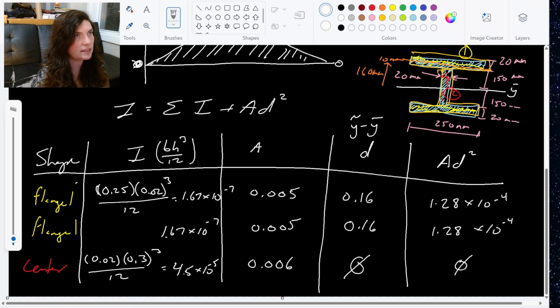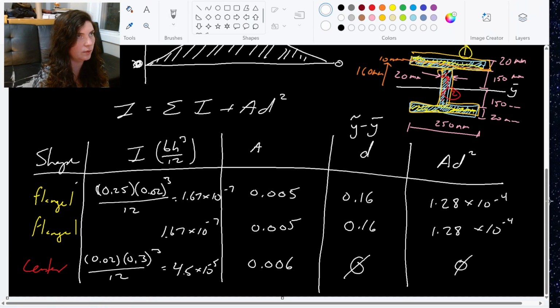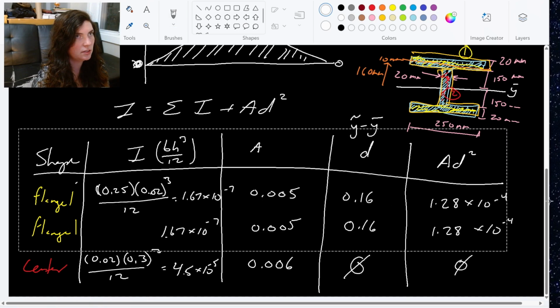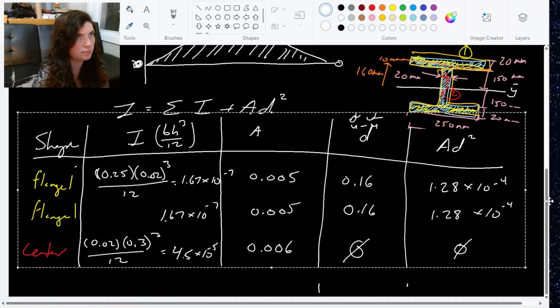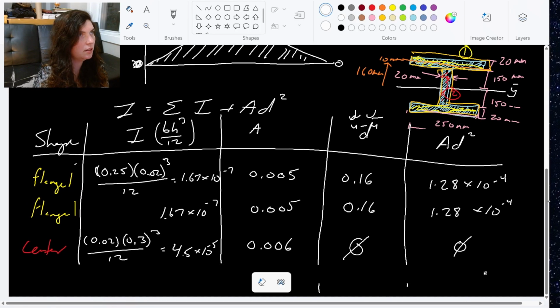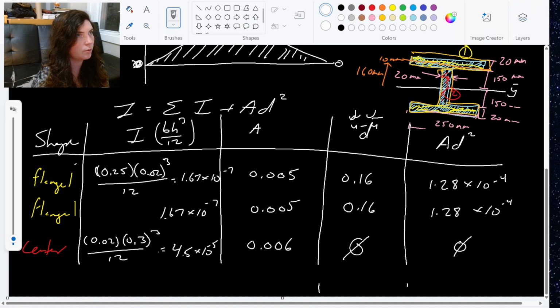So the very last thing is to just sum everything down the columns here. I need just a little bit more room. Move this up. So I sum everything down this column, my I, and then I sum everything down my final column, and I add those values together.